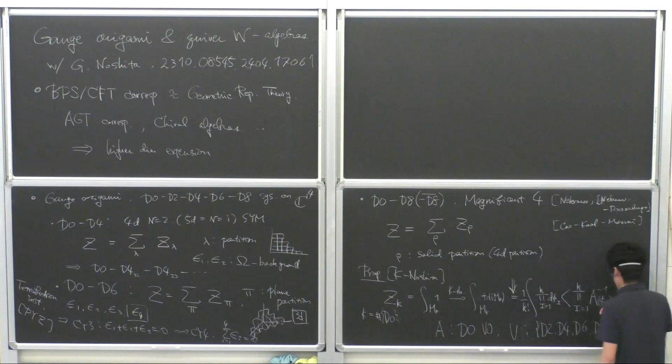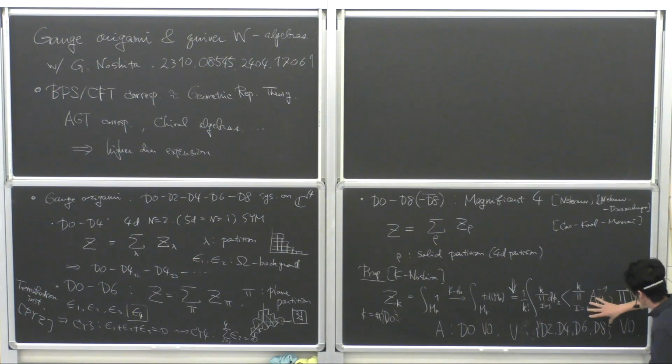The integral over phi is basically the integral over the position of the D0 brane, and the B part plays the role of framing or flavor degrees of freedom. More precisely, we can also think about the integral over the position of, for example, a D2 brane, etc. I will briefly mention the generalized version of this story.